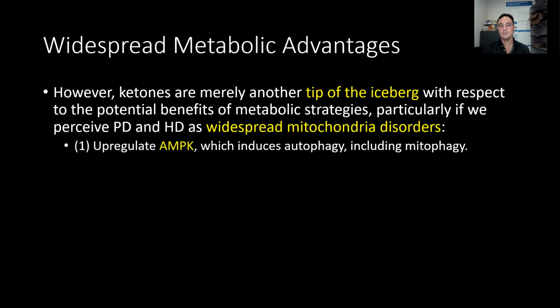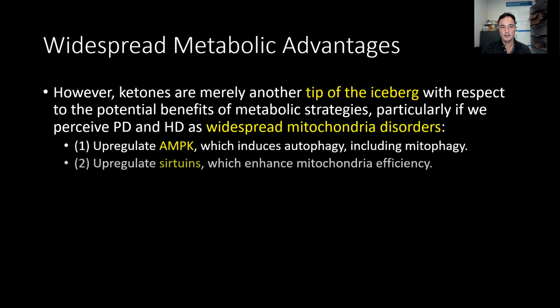For example, fasting and ketogenic diets upregulate AMP kinase, which is a master nutrient and energy sensor that, when it's elevated, does many things, but it induces autophagy, including mitophagy, which is cell recycling of damaged proteins and, in the case of mitophagy, mitochondria. And this is useful because the cells have to recycle their mitochondria pool and remove the old damaged mitochondria to maintain their energy efficiency.